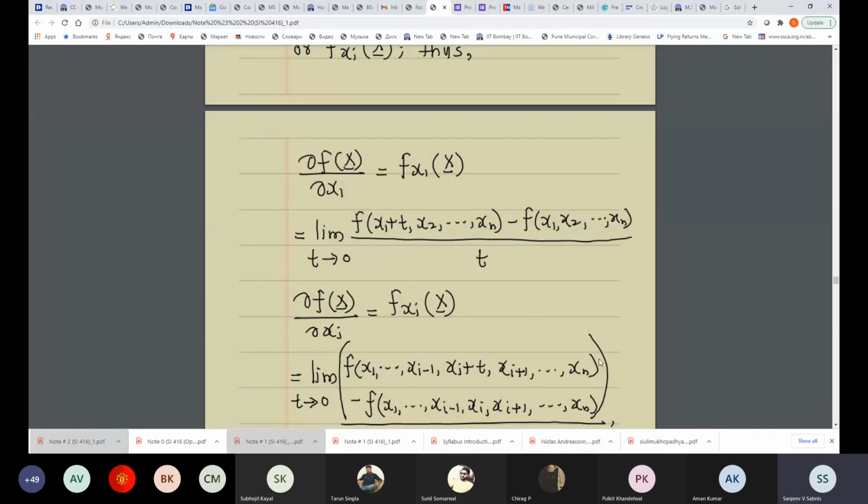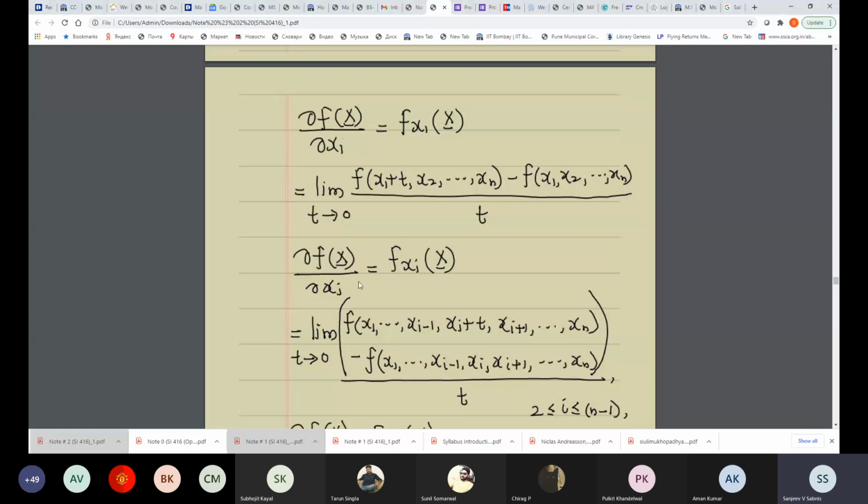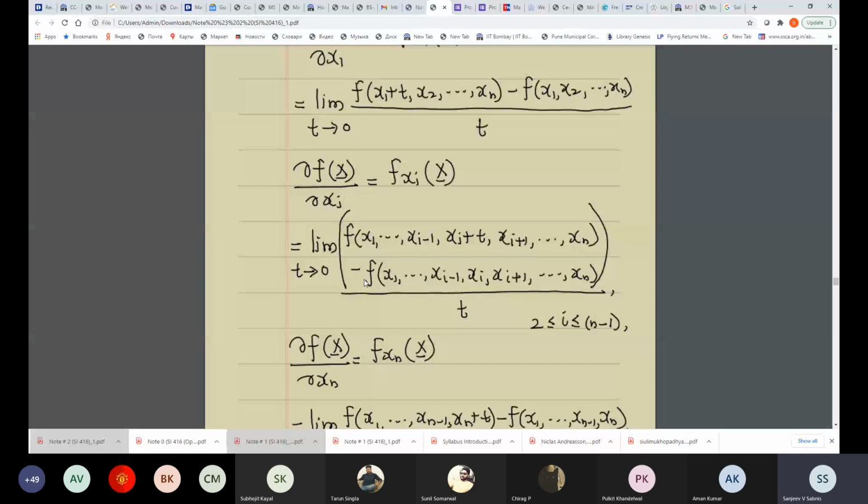All right. Similarly, the partial derivative of f with respect to the ith coordinate of the vector x is defined as this: f of x1, x2, ..., xi minus 1, the ith element being xi plus t, xi plus 1, ..., xn, minus f of x1, ..., xi minus 1, xi, xi plus 1, ..., xn, divided by t, where again this limit is taken as t approaches 0, and this expression is valid for i from 2 to n minus 1.